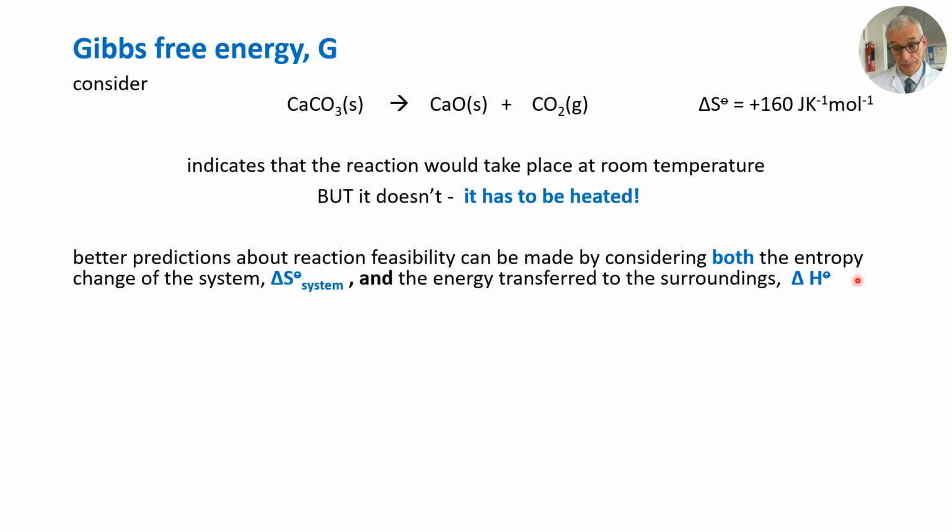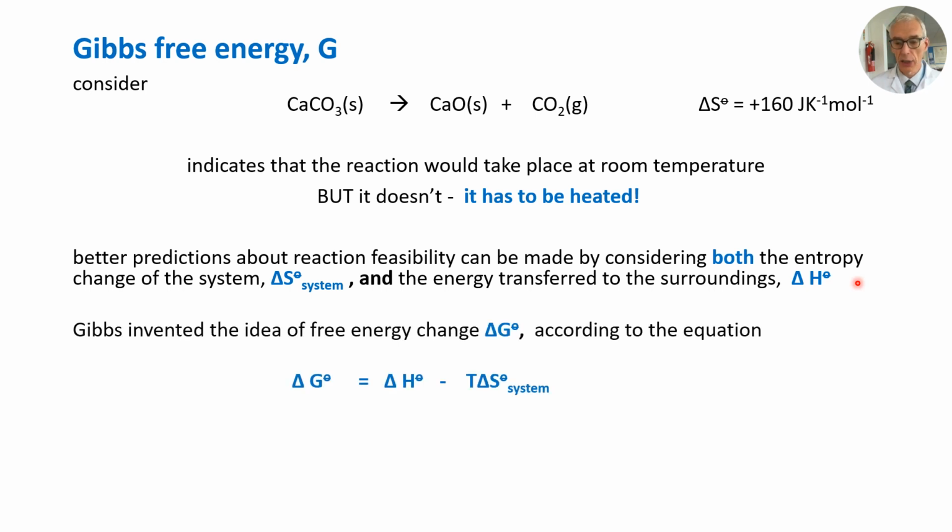So Gibbs came up with a better way of predicting reaction feasibility by considering both the entropy change of the system, as we've just been doing on the earlier slides, and the energy transferred to the surroundings, delta H. And he formulated an equation for the change in what he called free energy, but has now been called Gibbs free energy, delta G.